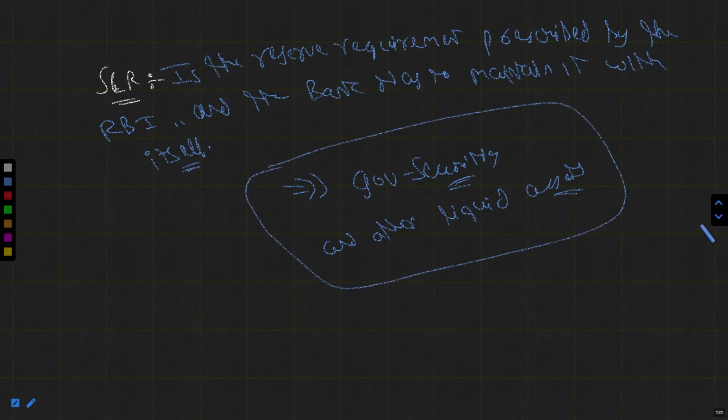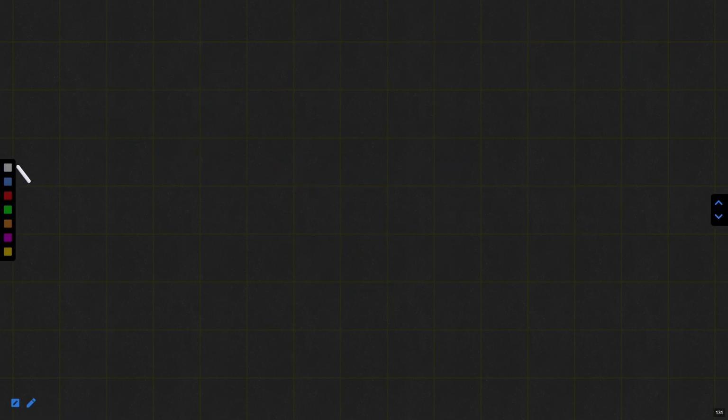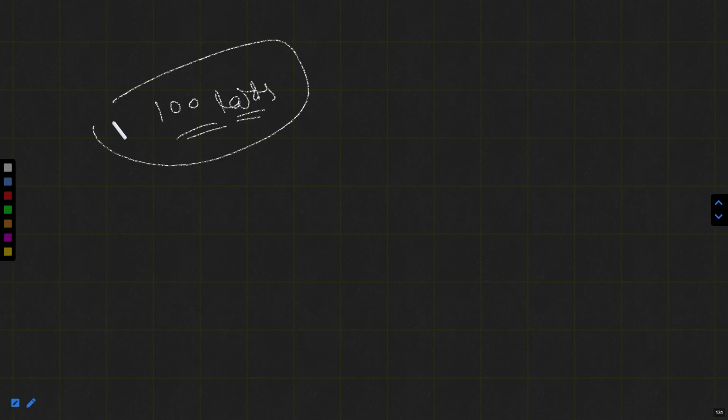Now, how does the SLR work? Let me give you an example. Suppose the bank has rupees 100 lakhs as a deposit. The first reserve the bank has to set aside is the CRR, and suppose the CRR right now is at 10%. It means that 10% of the 100 lakhs is rupees 10 lakhs.